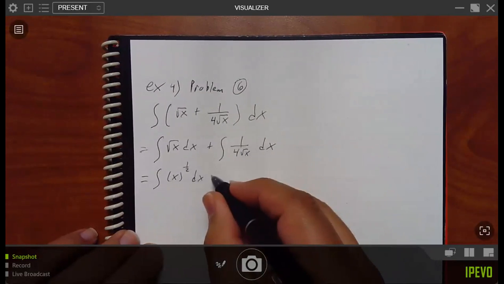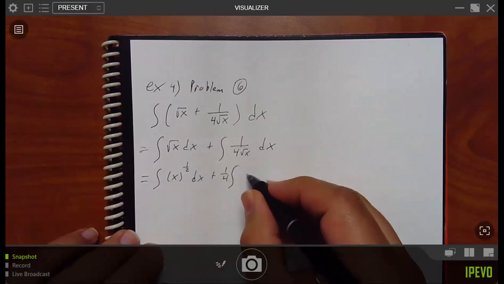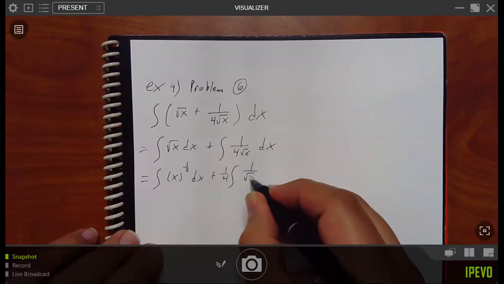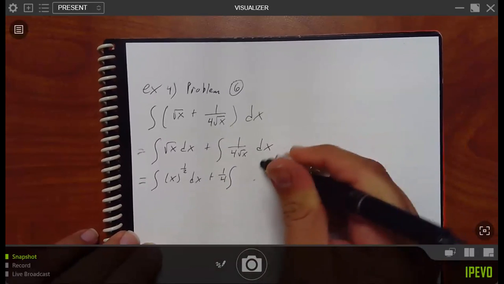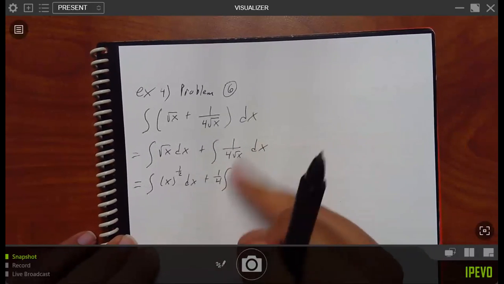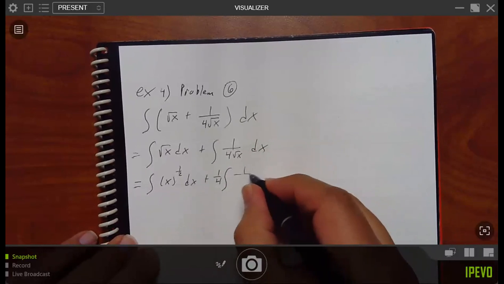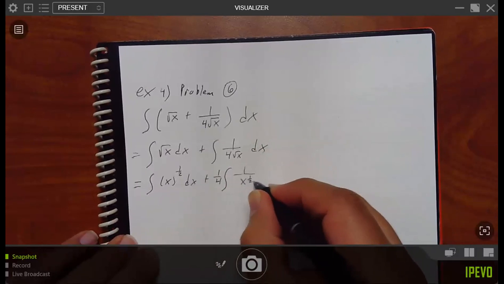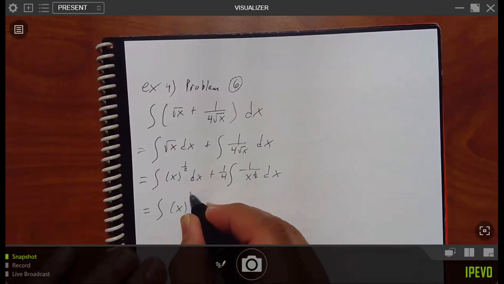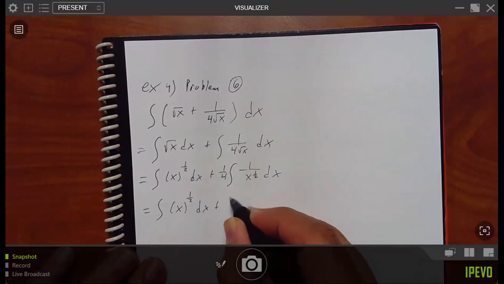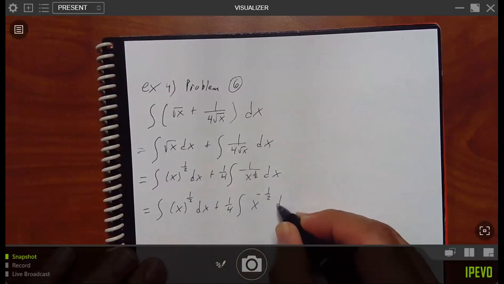This guy, pull out 1/4. We can rewrite this as 1 over x to the 1/2, so we move that to the top and we'll be ready to integrate. That'll be the integral of x to the -1/2 dx.